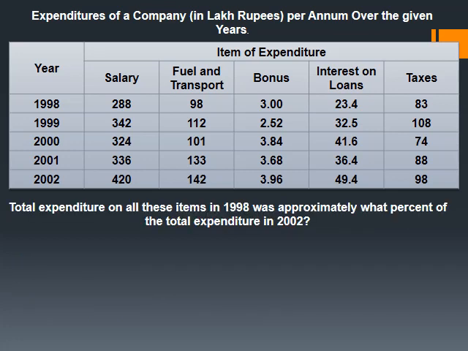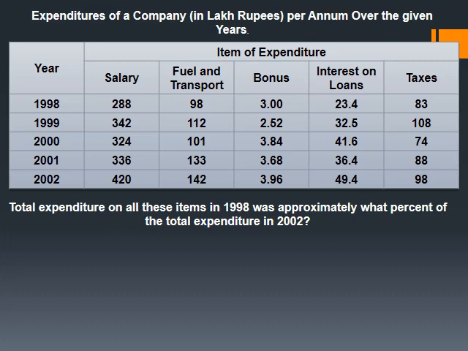Total expenditure on all these items in 1998 was approximately what percent of the total expenditure in 2002? So there are three things you have to remember in this. Total expenditure on all these items. So there are items given: salary, fuel and transport, bonus, interest on loans and taxes.